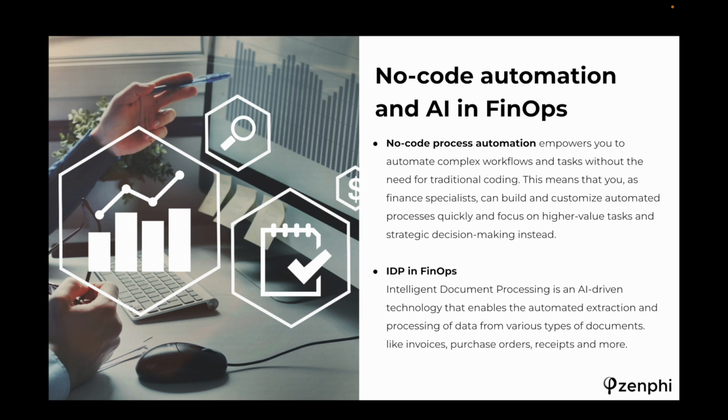And it involves the extraction of data from a wide range of documents, such as invoices, purchase orders, bank statements, bills, or any custom documents, really. And IDP not only automatically extracts this data, but it can also seamlessly process it based on your business requirements.